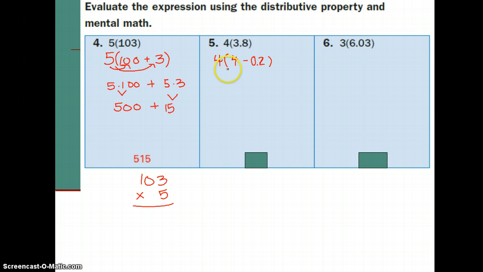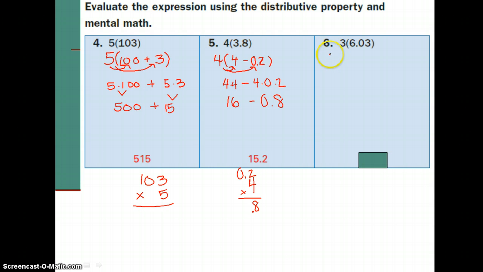Pause the video and solve this problem using distributive property. 4 times 4, pass out that 4, subtract 4 times 2 tenths. 4 times 4 is 16. 4 times 2 tenths: 4 times 2 is 8. Bring down the 1 decimal point, so it's 8 tenths. And what's 16 minus 8 tenths? 15 and 2 tenths.